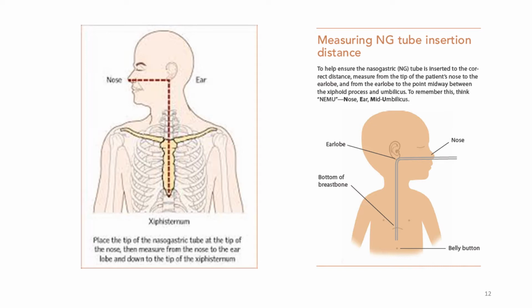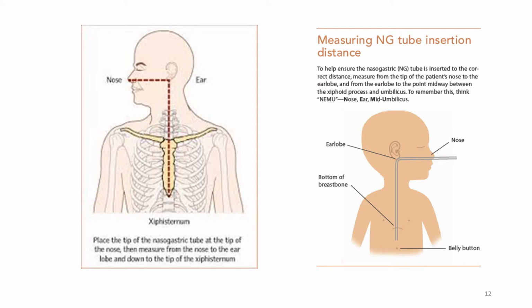But whichever one you choose is based upon your patient. So always chart the French number and where you secured it, because those NG tubes actually have numbers on there in centimeters. If you have a neonatal patient, you might put it down to 12 centimeters or 8 centimeters, however small they are. That depends on your measurements.